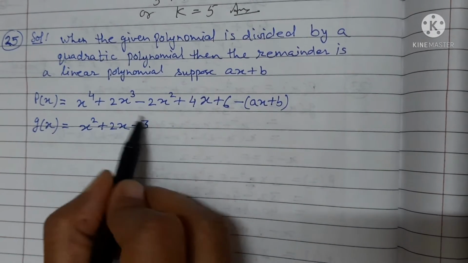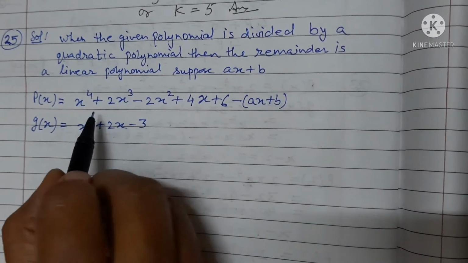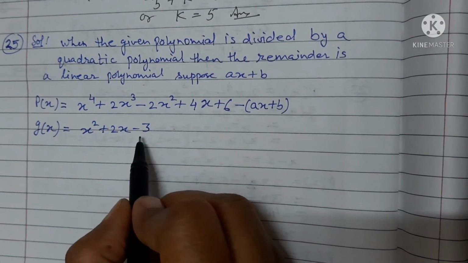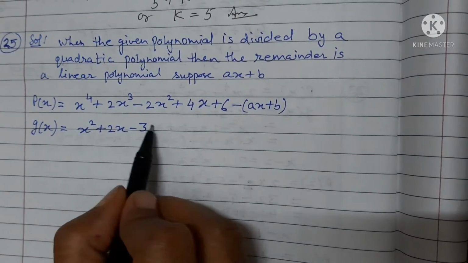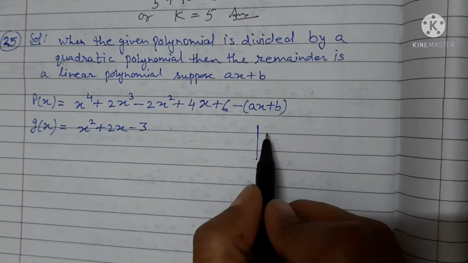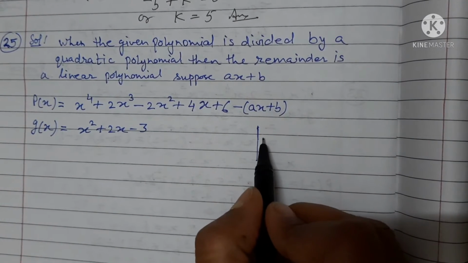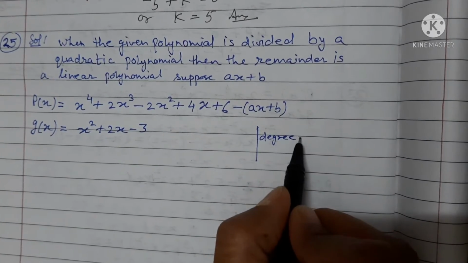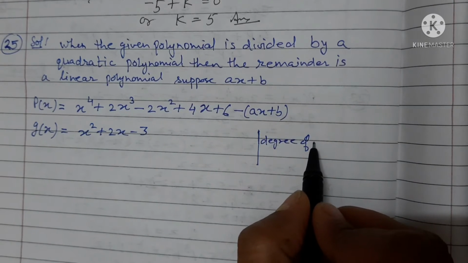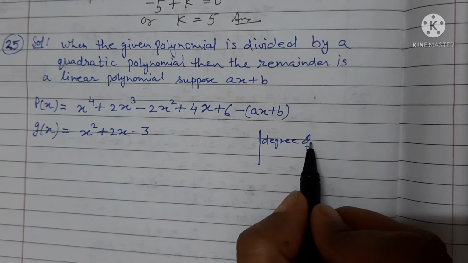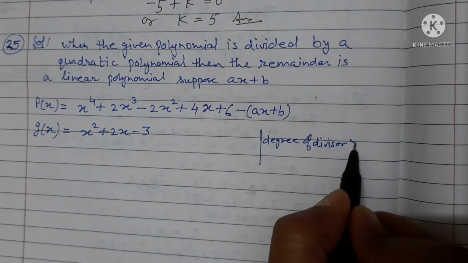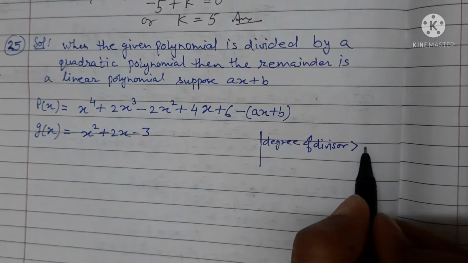So, it is a quadratic polynomial, and when any polynomial is divided by it, the degree of the remainder should be less than the degree of the divisor polynomial. So, I remind the students that the degree of a quadratic polynomial, or we can say the degree of divisor, is greater than the degree of remainder.